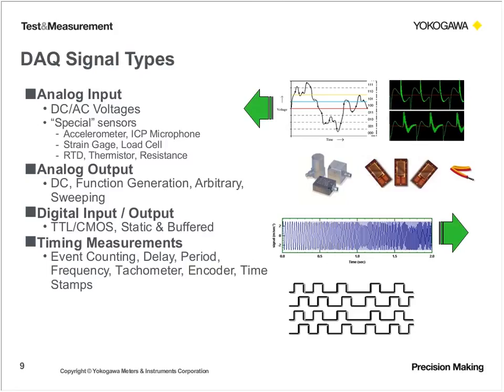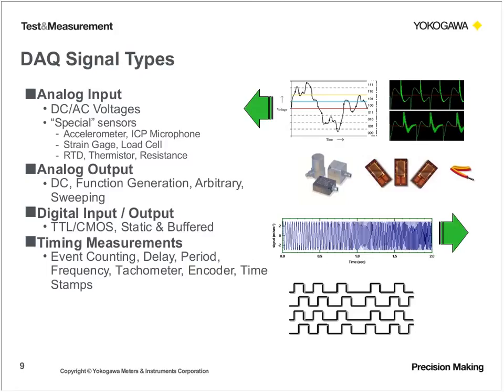And lastly, the last two I have on here, we won't get into too much, but data acquisition also applies to digital logic signals and digital output signals, and also different timing measurements as well. I'll briefly mention a little bit about timing measurements, but we won't go too far in depth with these details because it does require a little bit more time to do that.